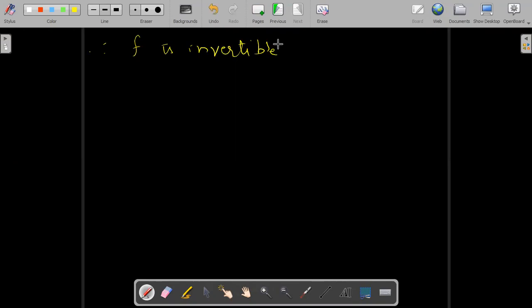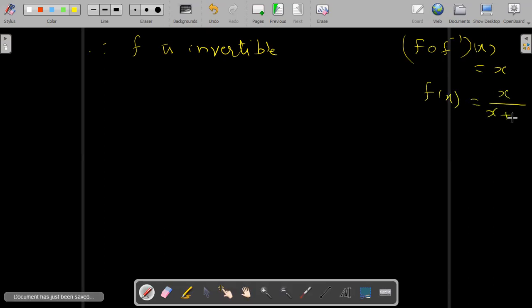So how to find the inverse? I told you that we will find it by using this formula, f composite f inverse of x is equal to x. Right? And f, you know that f(x) is equal to, in this question, x upon x plus 1.